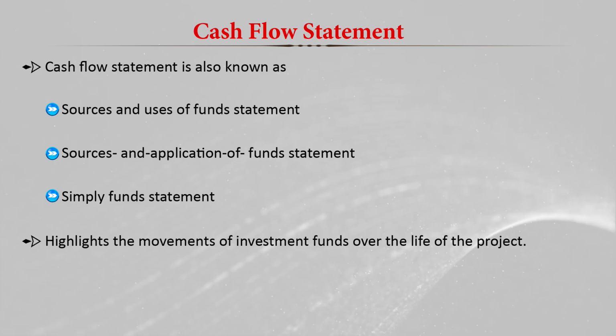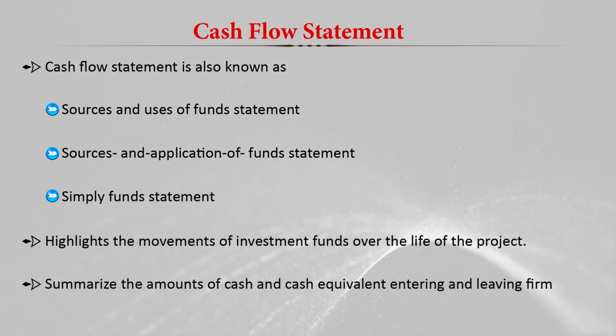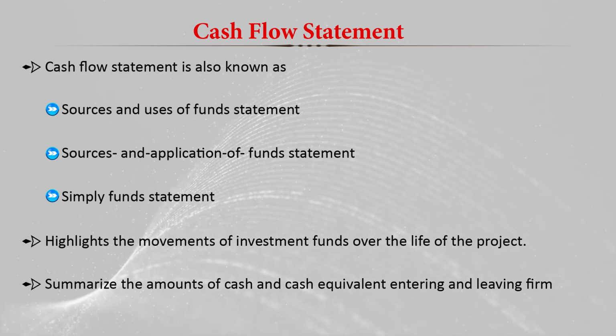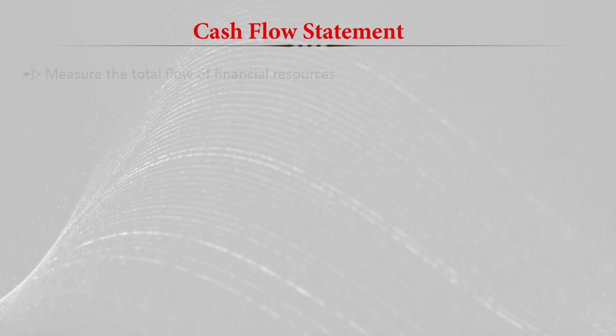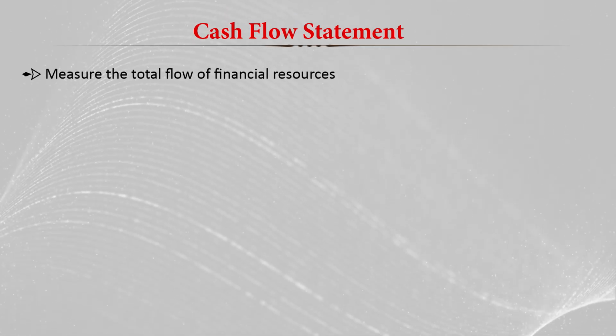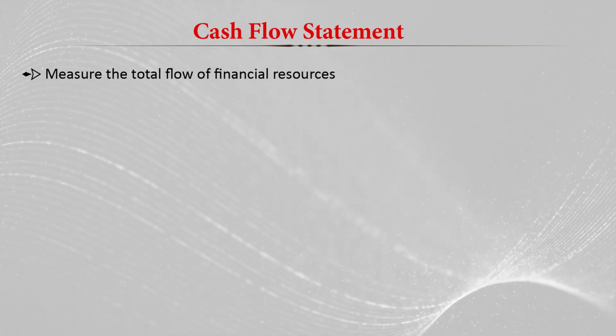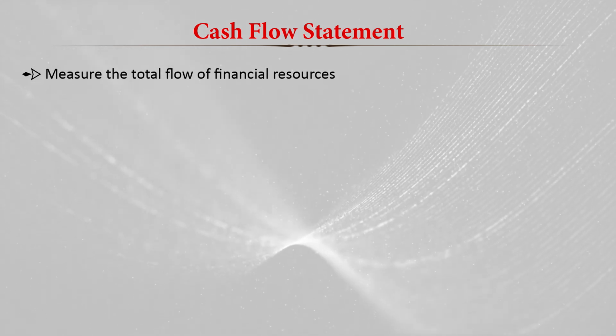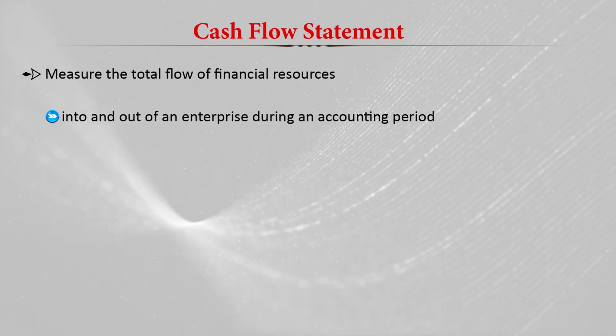It summarizes the amount of cash or cash equivalents entering or leaving the firm. So the cash flow statement measures the total flow of financial resources into and out of enterprises.